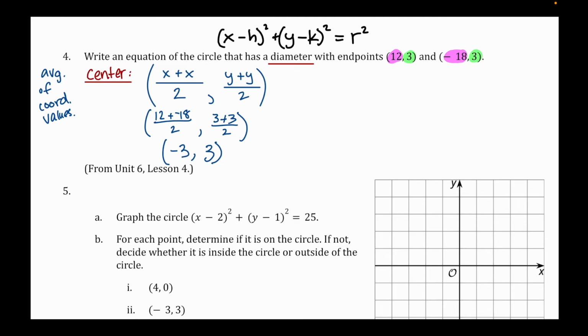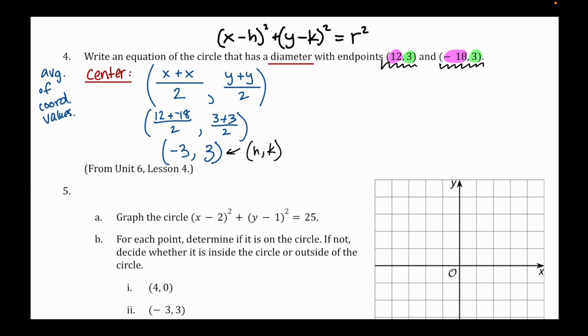Here is my h, k, that's my negative 3, 3. I'm going to plug those numbers in for h and k, and then I can plug in the numbers from either of my 2 points as x and y values. And then that'll just leave me with r to solve.